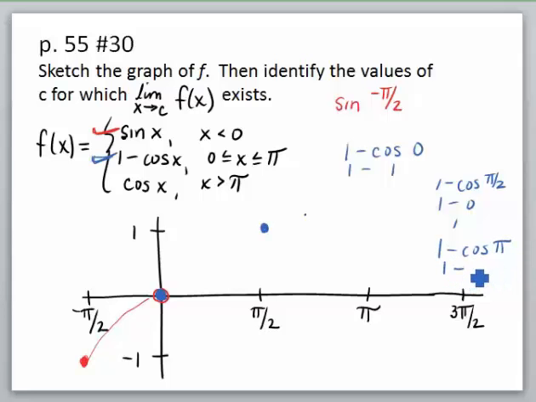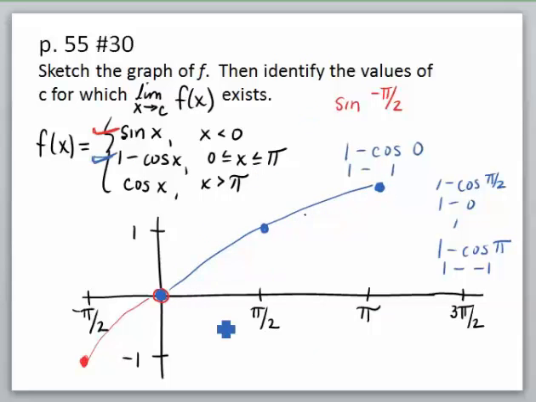Cosine of pi is negative 1, so it's going up to 2. I need to extend out my graph just a little bit here. I'll just say that 2 is up here. And I did use a colored in dot because it was less than or equal to. I went ahead and colored that in. So it's coming up here.